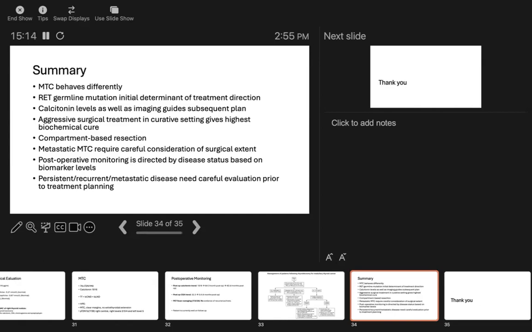Well, of course, getting the serum calcitonin done in a timely manner takes a lot of time. Like in the case that I presented, it was done prior to that, so we knew it already. But of course, if necessary, because like you said, the central compartment lymph nodes can be missed on the ultrasound.